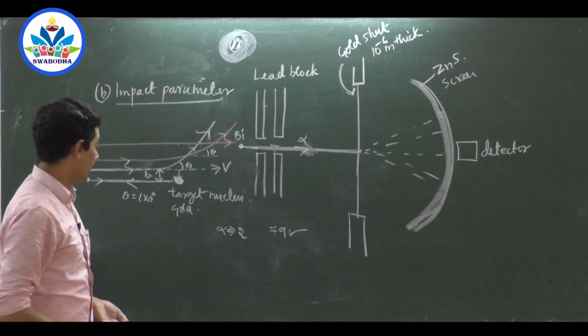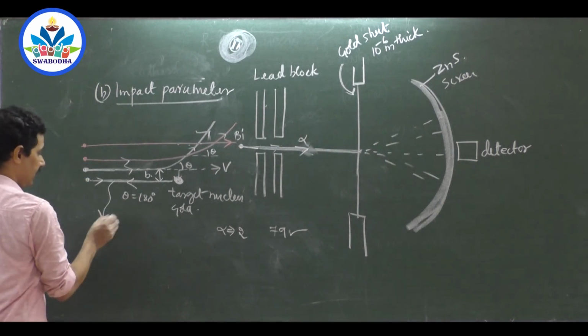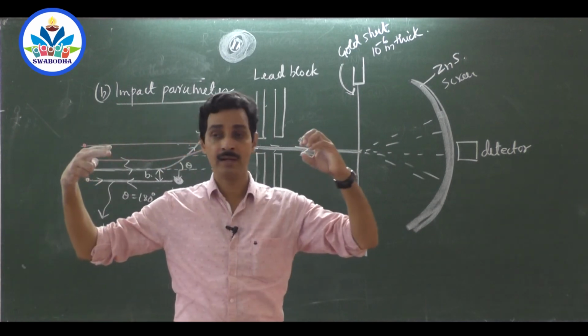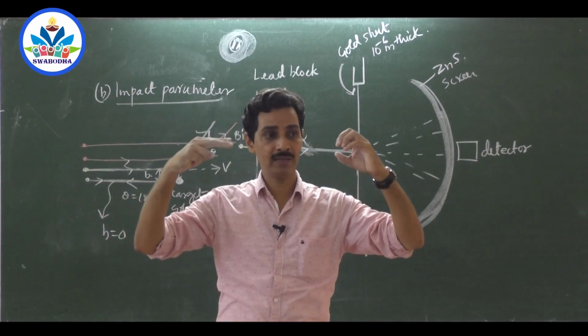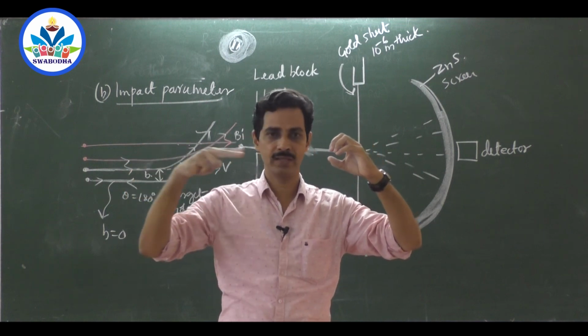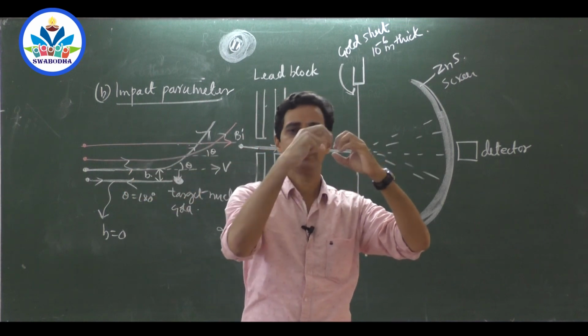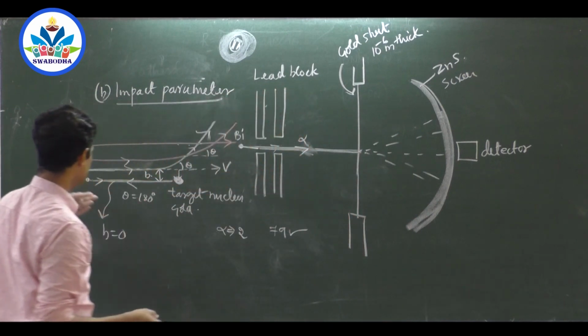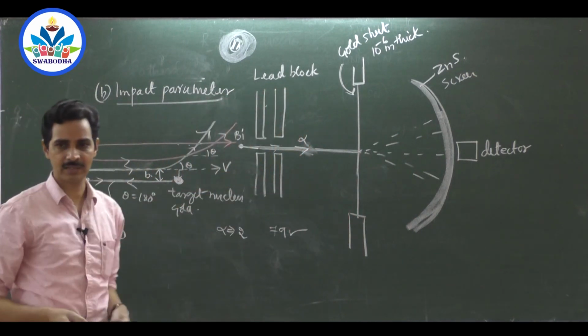Now, for this one, impact parameter is 0, isn't it? Because that alpha particle is along the direction of the target nucleus. So if you try to get the perpendicular distance, you get 0, because the velocity vector itself is along the target nucleus.